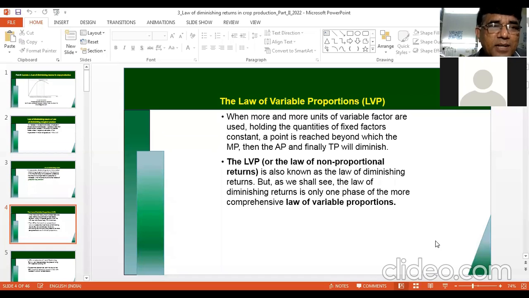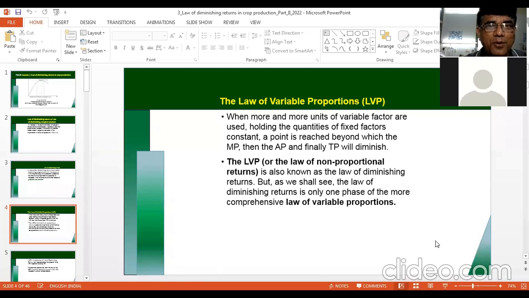And the law of diminishing return is actually the third stage. Only the third stage of the law of variable proportion is your law of diminishing return. But to get to the third stage, you need to pass through the first and second stages also. In the law of diminishing return, you are going to study the declining response in the third phase, but to get to that phase, you need to pass through phase 1 and phase 2.